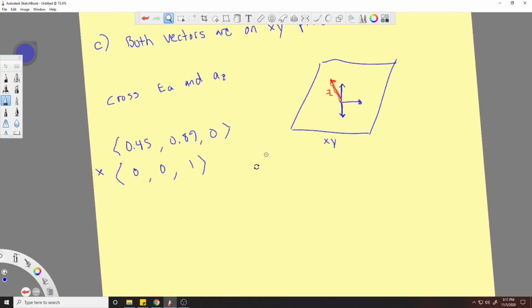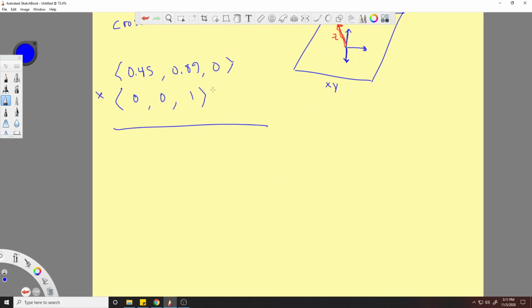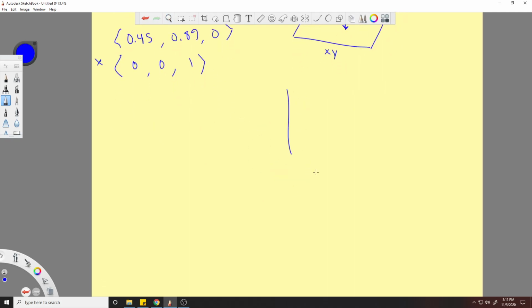Sorry, I feel like I always do that. So when you cross product these two terms, I'll set it up in a more legit way. There's a million ways to do cross products, but this is how I do it. I'd cross this one out, pretend this isn't there, so I do 0.89 times 1, minus 0, and that's the ax component.